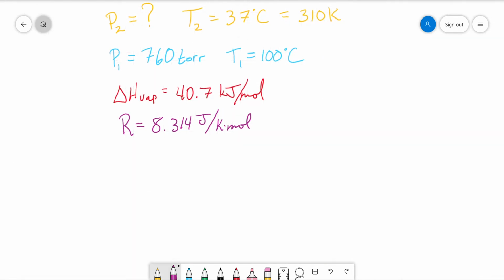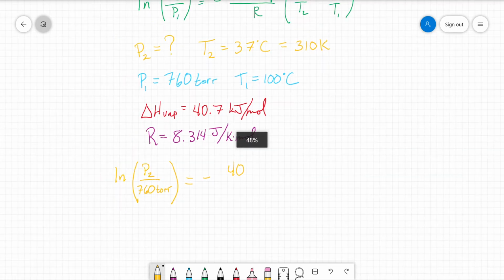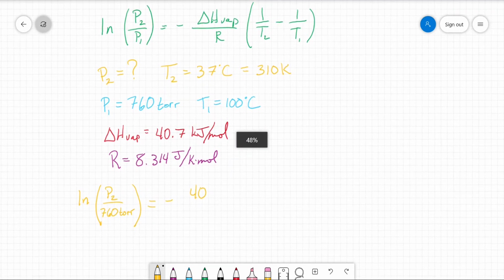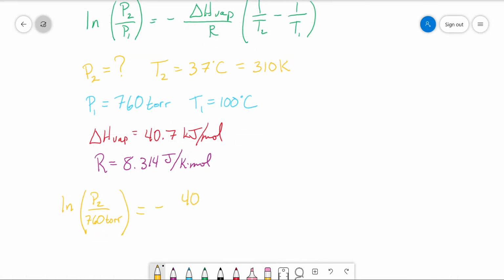Okay. So let's start off by plugging in numbers. ln of P2, because we don't know P2, over 760 torr is equal to negative 40.7, but let me point out one thing to you.